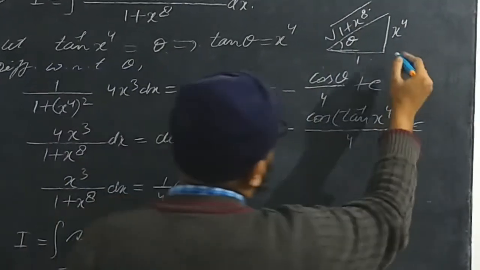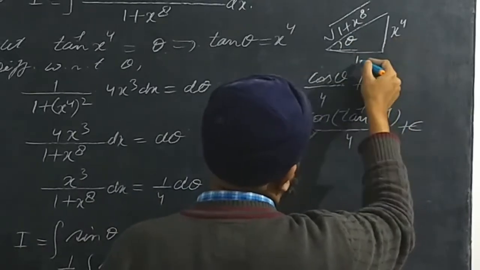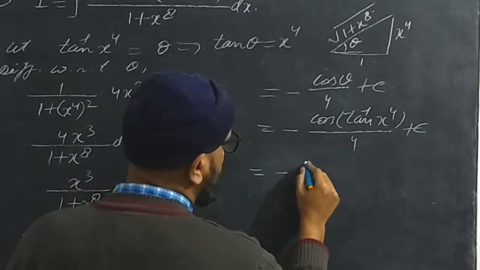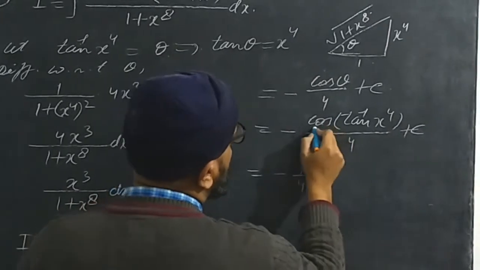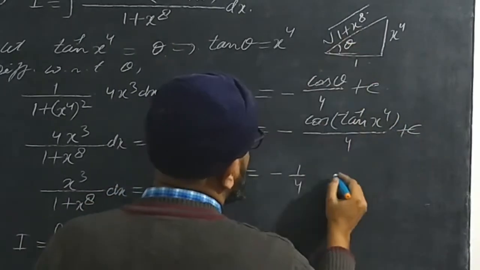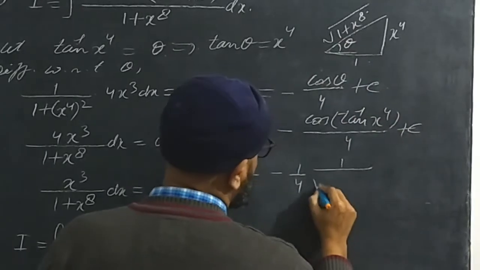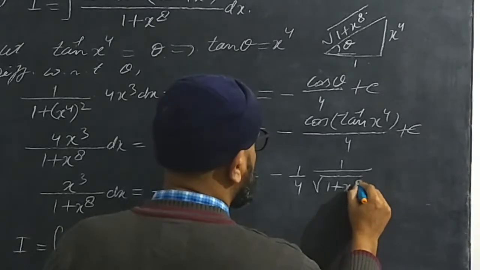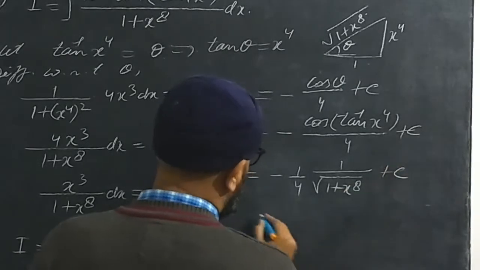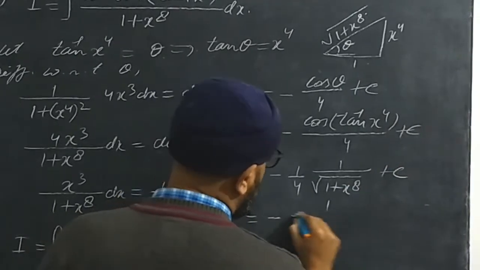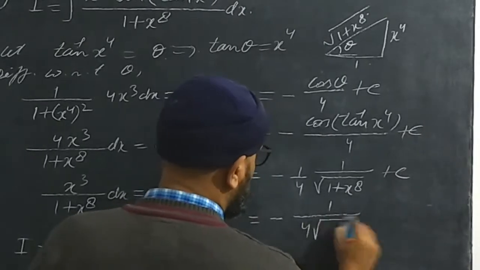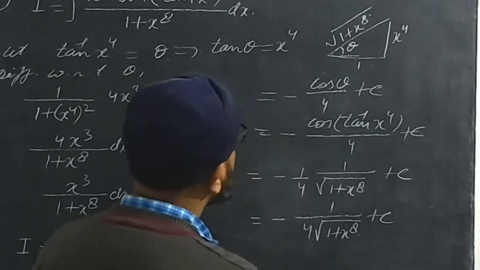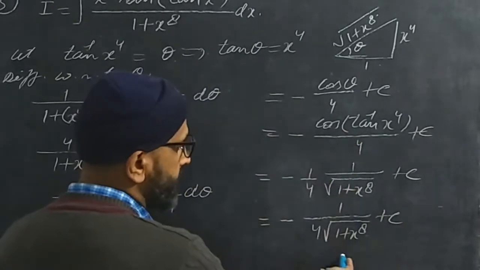So if we find cos theta from this triangle, cos theta is base upon hypotenuse, so we have to write minus 1 upon 4 cos theta, that is 1 upon under root 1 plus x raised to the power 8 plus c, or simply minus 1 upon 4 under root 1 plus x raised to the power 8 plus c. So in this way you may write this result as this.